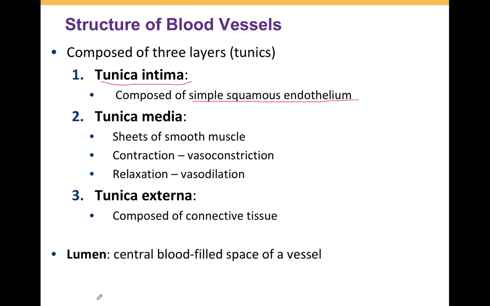The second layer of the blood vessels is referred to as tunica media. Kind of think about media. This layer typically contains smooth muscle at different thicknesses.